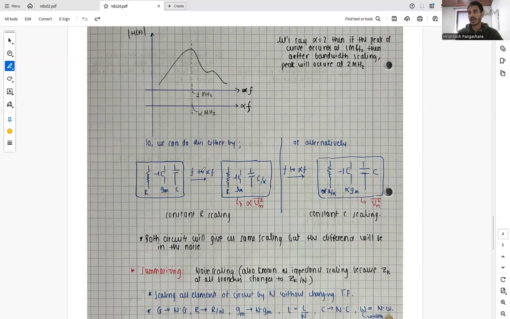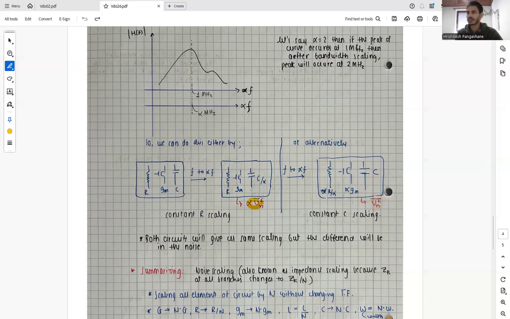again having a circuit, and we can scale it to alpha times f by scaling down the capacitor, and this will give us the variance kT by nC. As we know, it is independent of R, and this is called constant R scaling. Or alternatively we can scale the frequency by alpha by scaling the impedances and keeping the C constant, and this will give us exactly the same scaling.